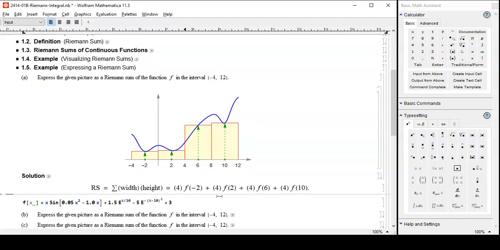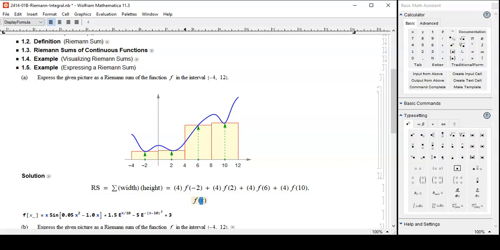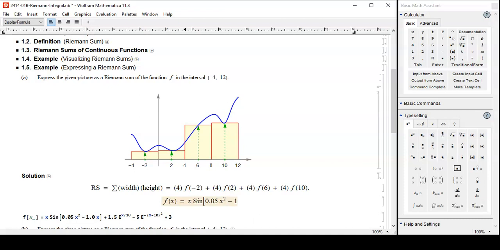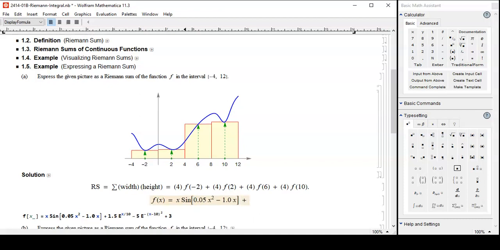My function here is f of x equals x sine of 0.05x squared minus 1.0x plus 1.5, exponential of e to the x over 10 minus 5 e to the negative (x minus 10) squared plus 3.